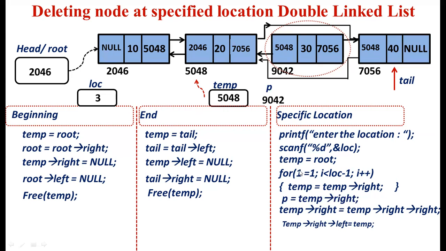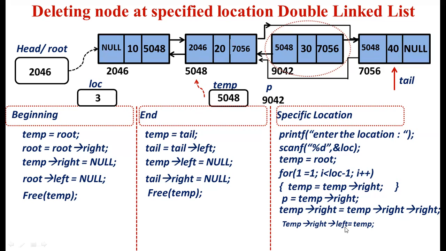Here temp is pointing to this node, then we assign p such that p is equal to temp to right. The temp to right value is 9042, so we store the 9042 value. Then we have to perform these two operations.